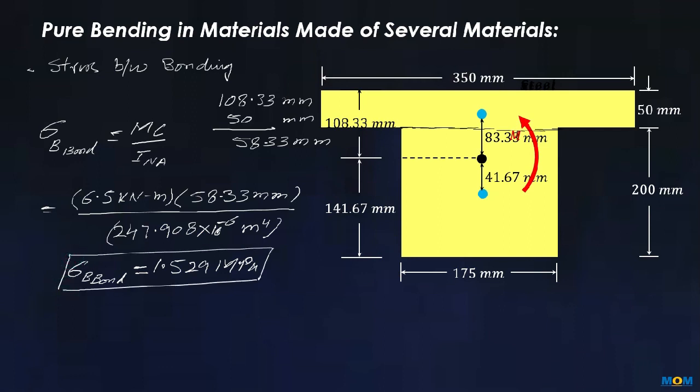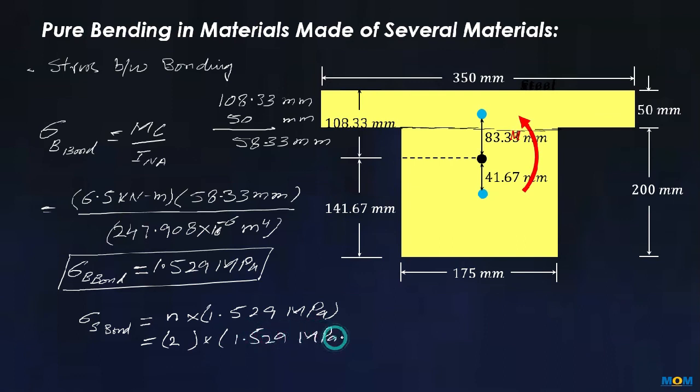Now to calculate the stress in steel at the bond, we have to simply multiply by the ratio of the two moduli with this 1.529 megapascal. So this is 2 multiplied with 1.529 megapascal.